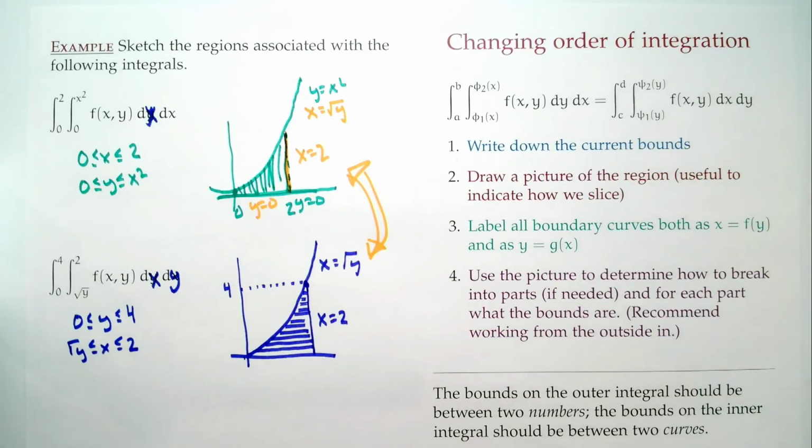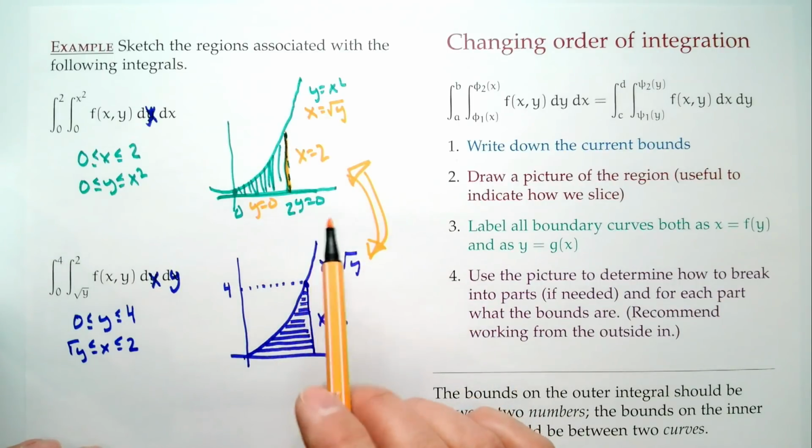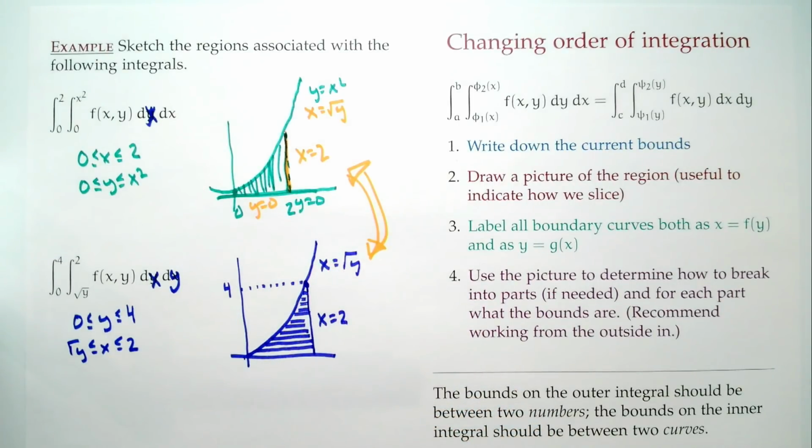And then it says, hey, once you've done step 3, just reverse. In other words, go back from the picture to your bounds. Suppose I just had the picture. Well, what you need to do is remember, how are you slicing? Because there's two ways to slice. You start slicing one way, horizontal or vertical. Now you're going to slice the opposite way. And once you understand how you slice, you say, okay, what are the curves which bound?